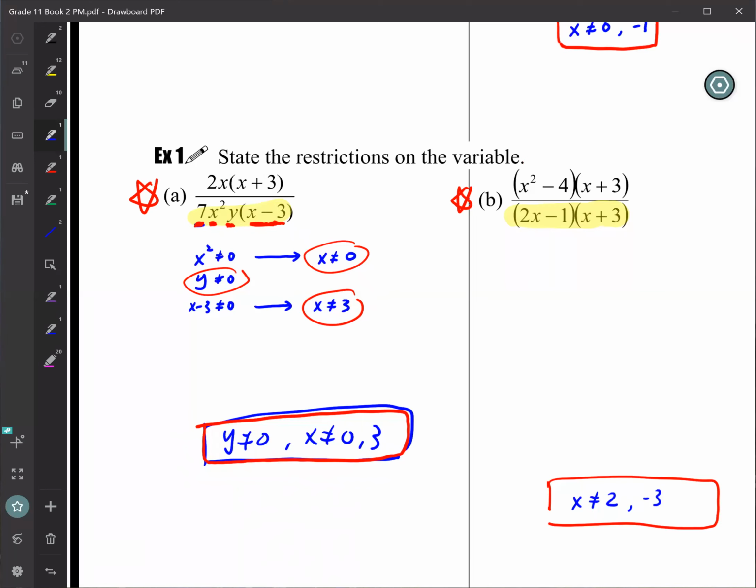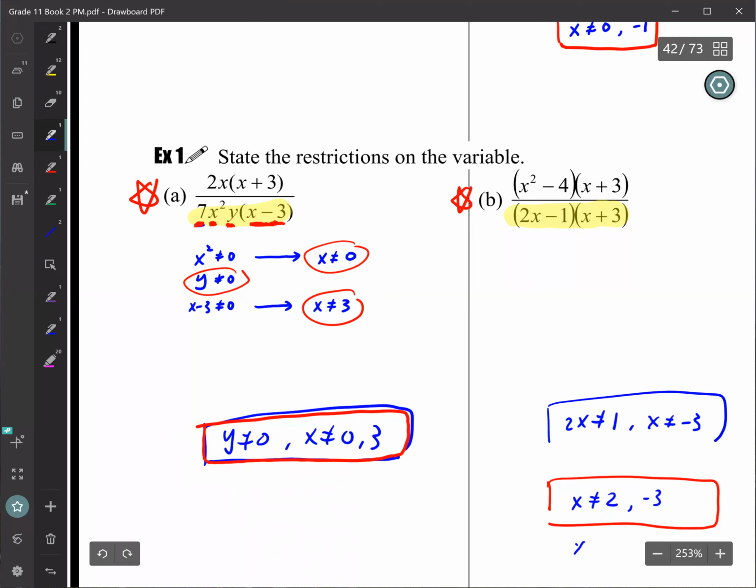I have 2x not equal to 1 and x not equal to negative 3. 2x cannot equal 1 and x cannot equal negative 3, like that? Okay. Anyone else? Yes, Barry? x not equal to 1/2 and -3. And -3, so put together. Okay, anyone else?